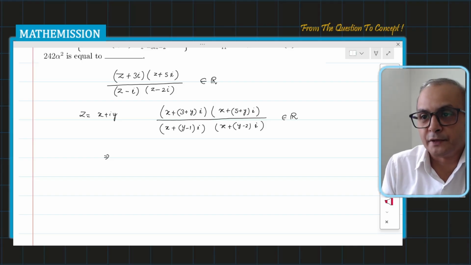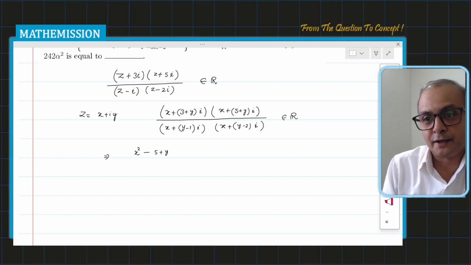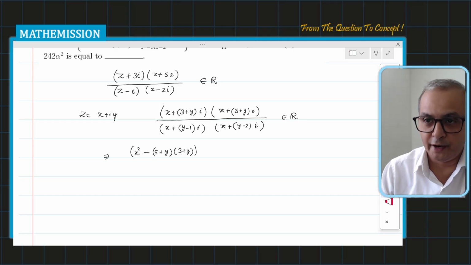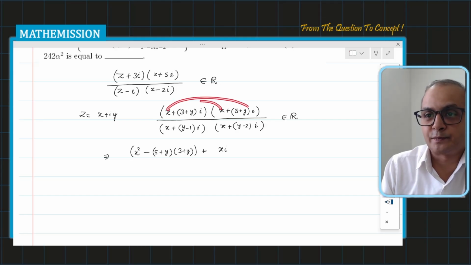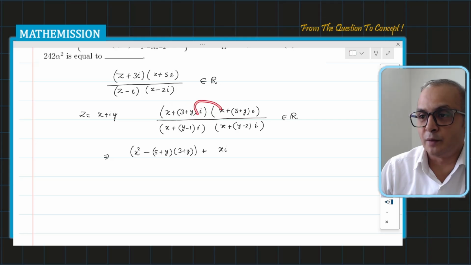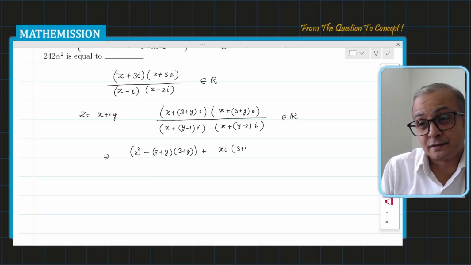So what I do here, this is going to be x squared minus (5 plus y) into (3 plus y). This is the real part of the complex number in the numerator. What we get here is xi common, because xi will come from here and again from here, and if I take xi common, that will give (3 plus y) plus (5 plus y).